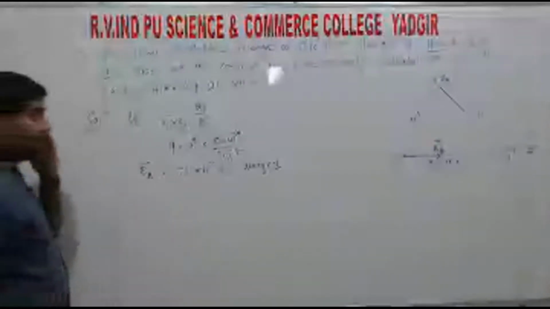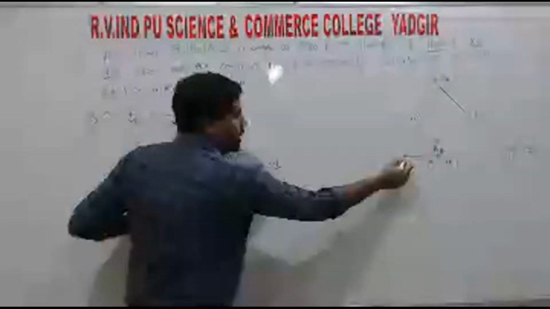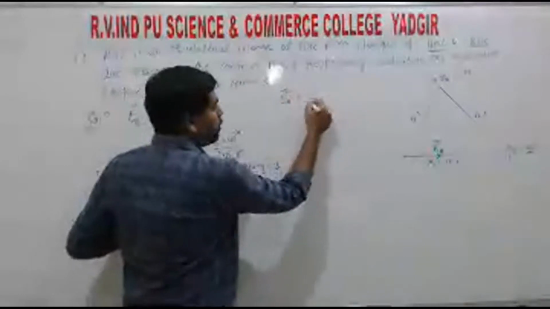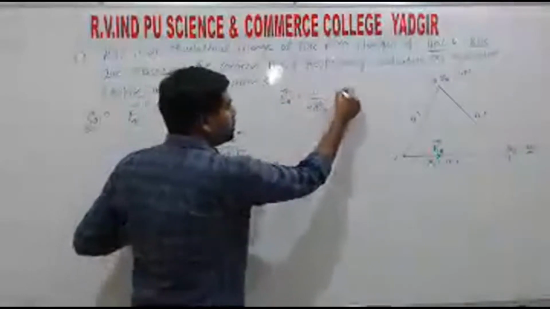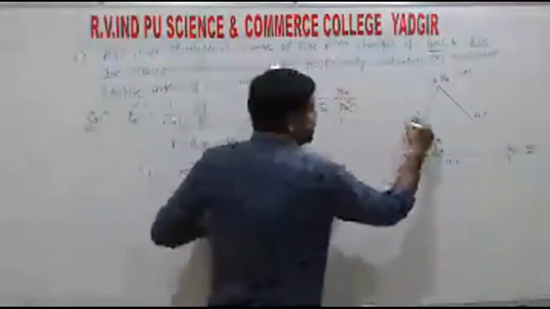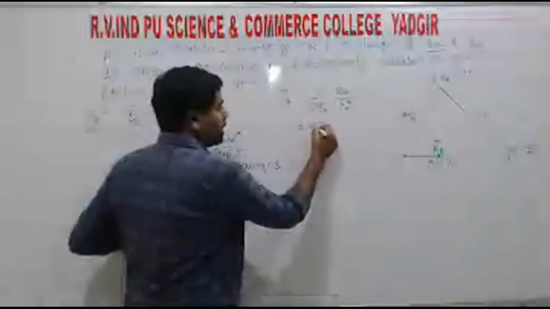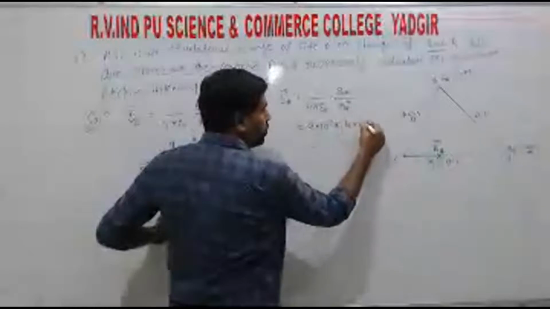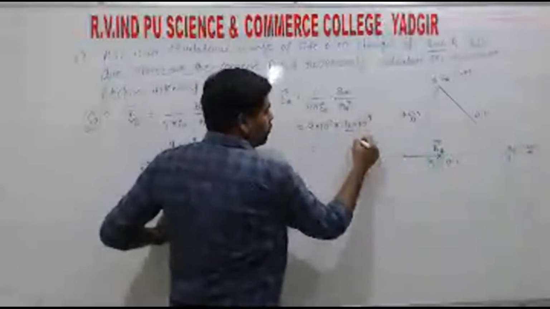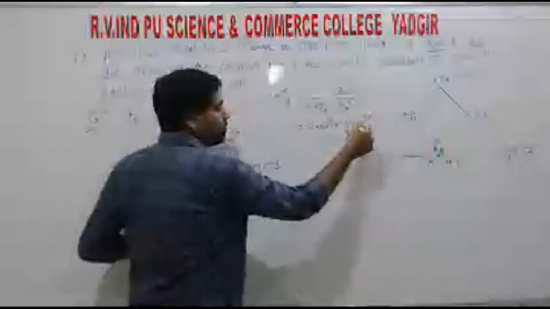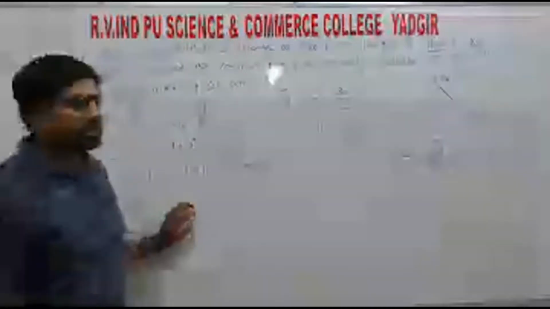So next, the electric field at point C due to charge A, right? That is EA is equal to 1 divided by 4 pi epsilon naught QA divided by RA square. So this is taken as RA, right? So 9 into 10 to the power of 9 into charge QA, which is 4 into 10 to the power of minus 9, divided by 10 to the power of minus 1 whole square. So plus 9 minus 9 cancels, right?